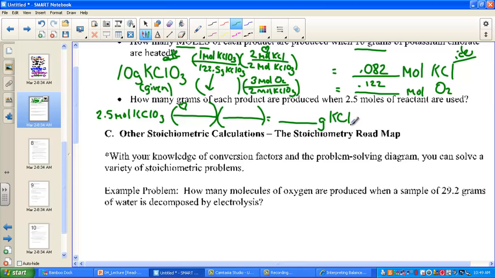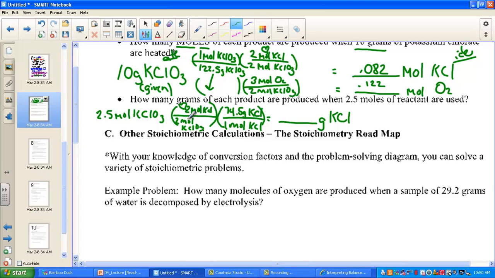Let's just make that potassium chloride. And I'll give myself some more room in a moment, but let's hit for this one first. The coefficient in front of KCl is a 2. The coefficient in front of our reactant is also a 2. The molar mass we calculated earlier, 1K added to 1Cl, 74.5 grams.